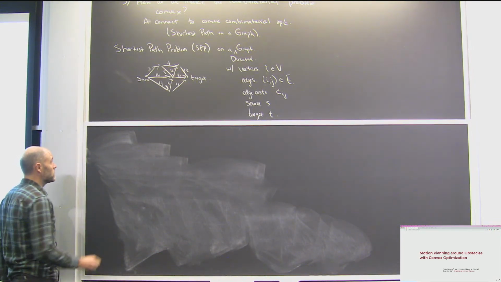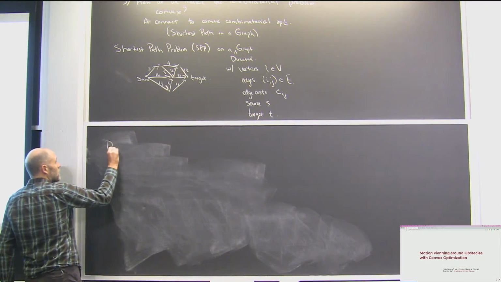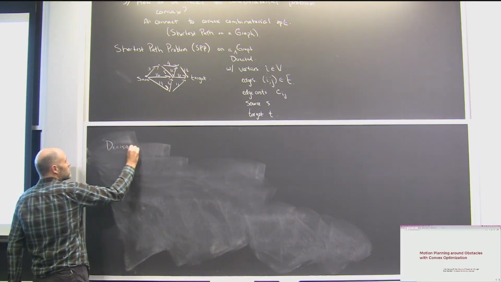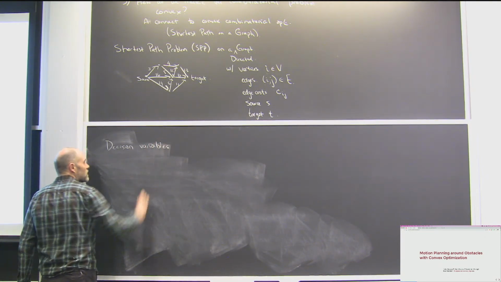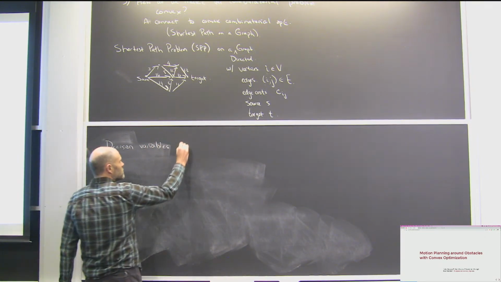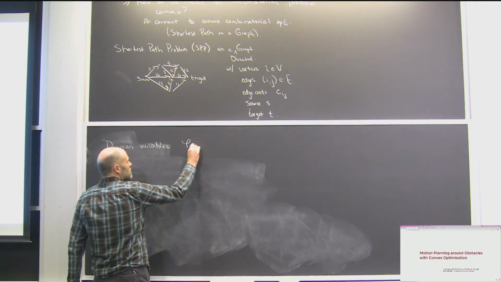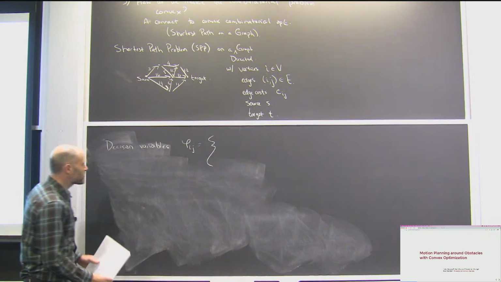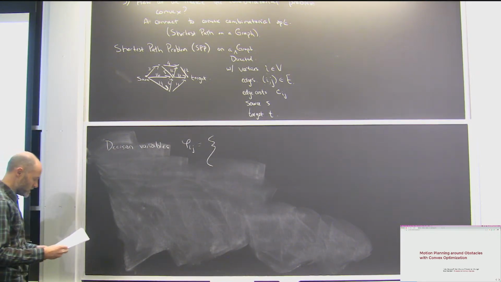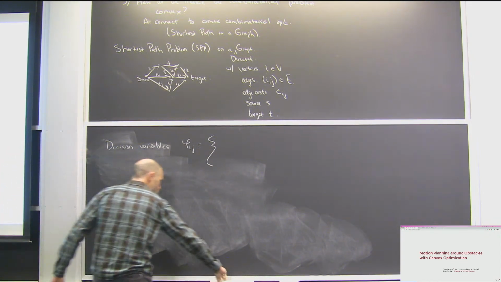Here's the basic prescription. I'm going to use as my decision variables, we always call them phi, for a variable. I would like it to be, well, let me just call it like this first.